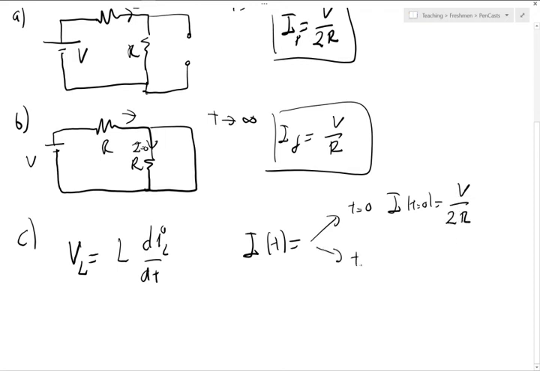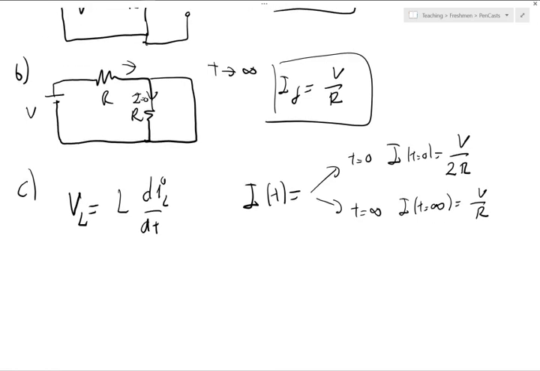At t goes to infinity, I of t equals infinity is V over R. So if I do the following, I of t is V over R. Right. At t equals 0, it's V over 2R. At t equals infinity, it's V over R.